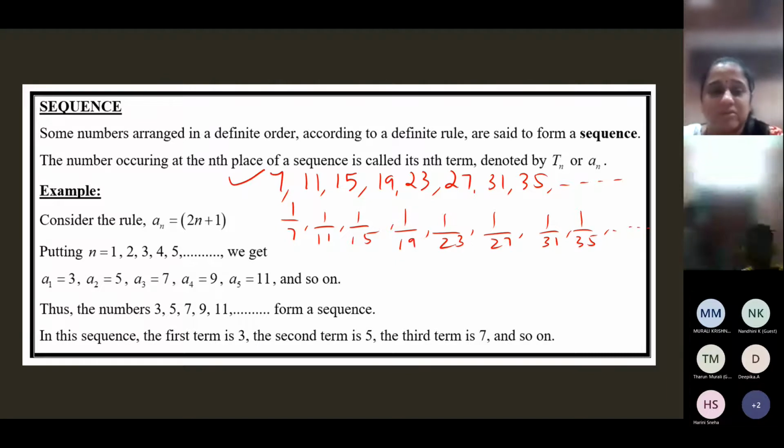We have a collection of numbers arranged in a particular order, following some rule. The reciprocal of 1 by 7 is 7, the reciprocal of 1 by 11 is 11, the reciprocal of 1 by 15 is 15, and so on. If the reciprocals of the terms of a sequence form an arithmetic progression, then the sequence is said to be in harmonic progression.